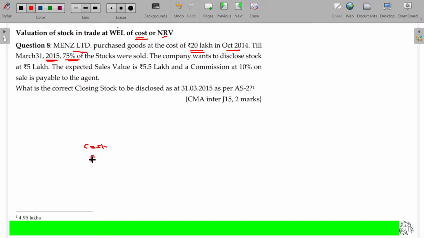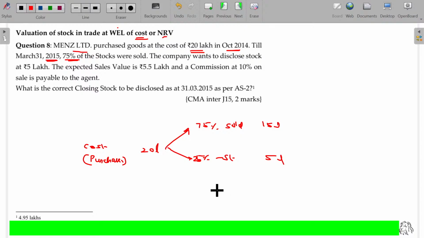Cost incurred for purchased item 20 lakhs. 75% sold. Then 25% being stock, 5 lakhs. So the unsold stock's cost being 5 lakhs.